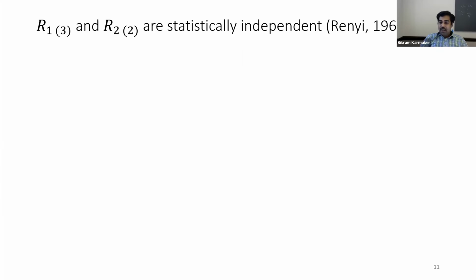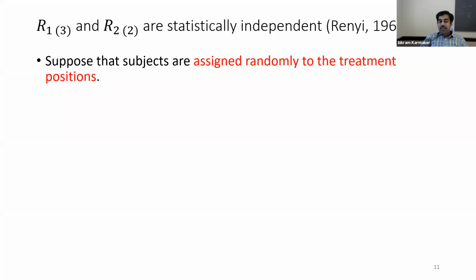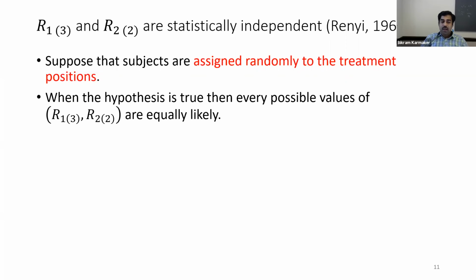This is a simplification of Renyi's fundamental lemma in his 1962 paper. Consider the design where you assign everyone randomly, so you assign the subjects to the treatment positions in a random manner. Then under that assignment, if the hypothesis were true, every possible value of the pair R1(3) and R2(2) will be equally likely.